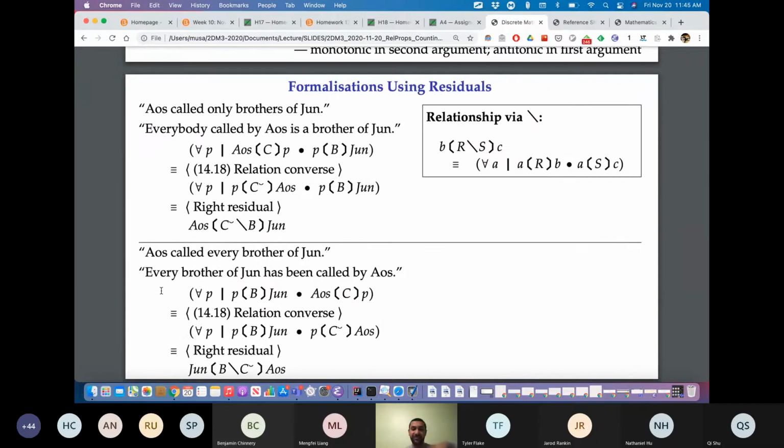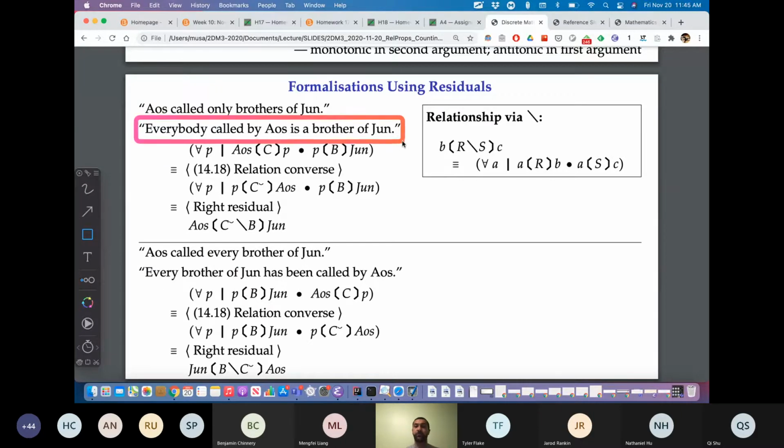All right, so here's an example of a relationship using division. Everybody called by Aus is a brother of Jun. Or initially, Aus called only brothers of Jun. So writing it this way can be a bit complex, right? For every person that Aus called, that person is a brother of Jun.